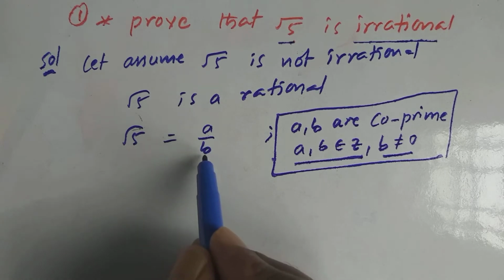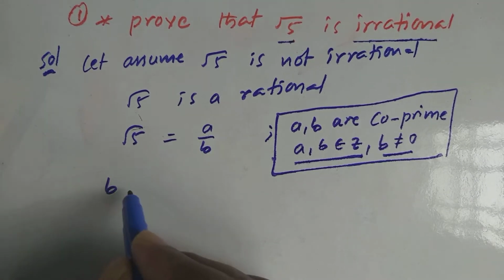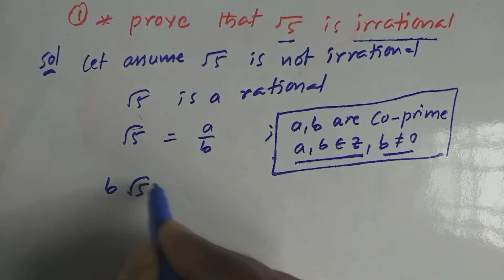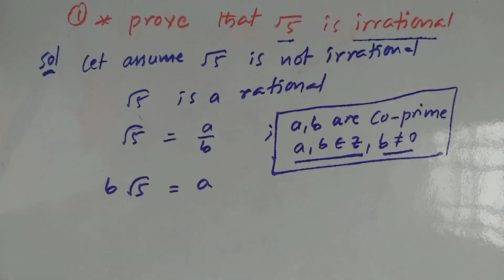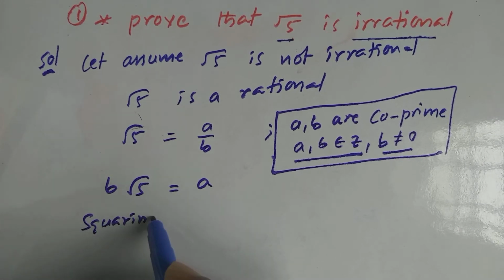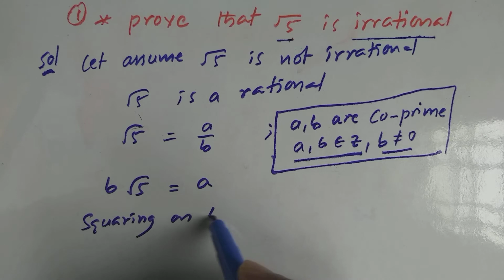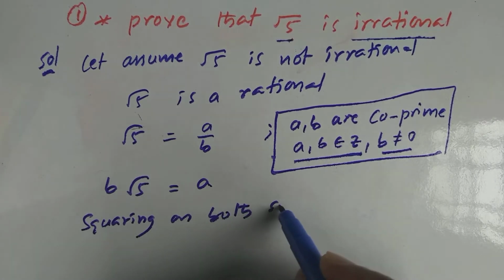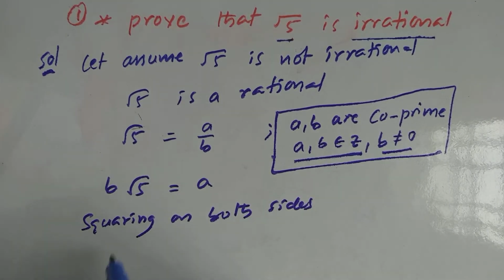Take the b to the other side: b into root 5 is equal to a. Now I am squaring on both sides. Then b root 5 whole square equals a square.